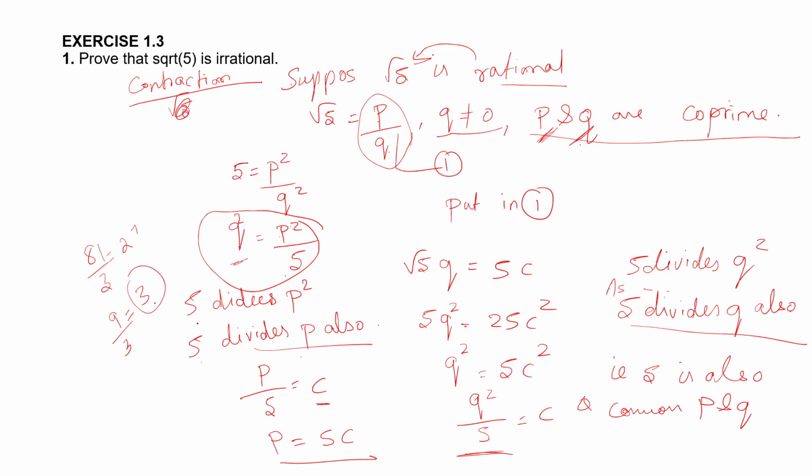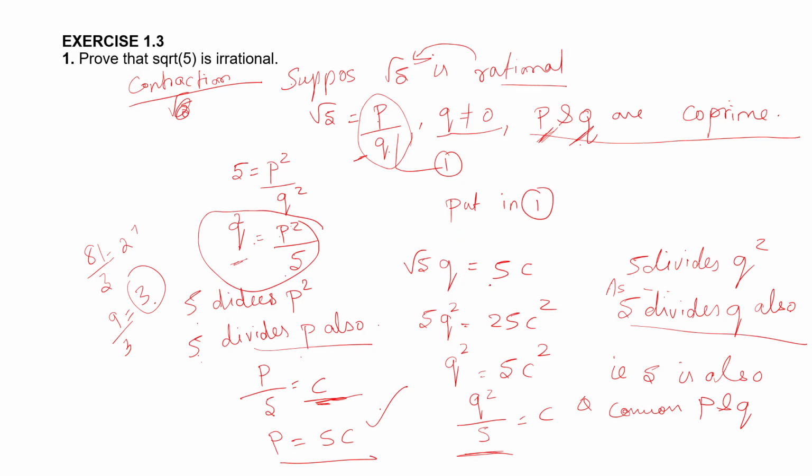Right. So p square divided by 5 gives q square. When p is divided by 5, we are getting some other integer that I have taken as c. So p is equal to 5c. This value we are putting in this equation just to prove that 5 is also a factor of q square.